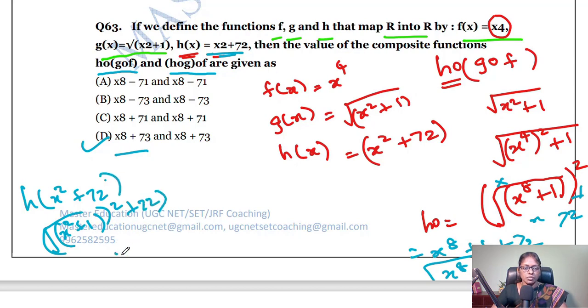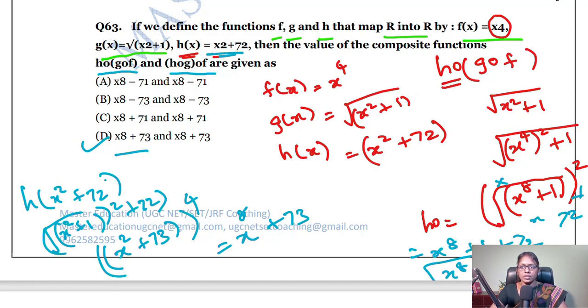This will be removed, x square plus 73 will come, right? If you apply again to this f, x power 4, so you will get x power 8 plus 73, because the 4 will be assigned only to the x, right? So x power 4 and this 2, so x power 8 plus 73.